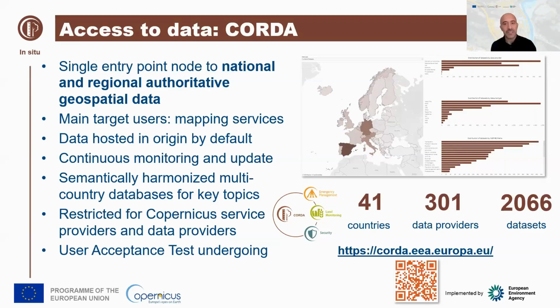We also have a category for non-restricted data that we can also use depending on the request. This webinar is part of what we call the user acceptance test, because we really want to gather as much input as possible to see how best to improve the user experience of CORDA. Next slide.